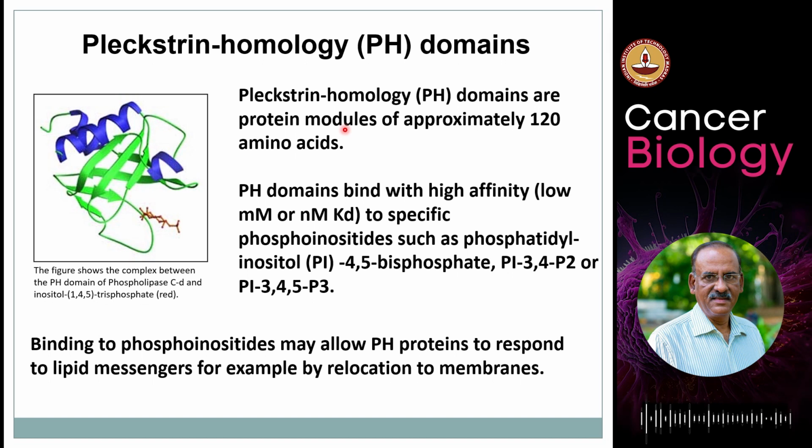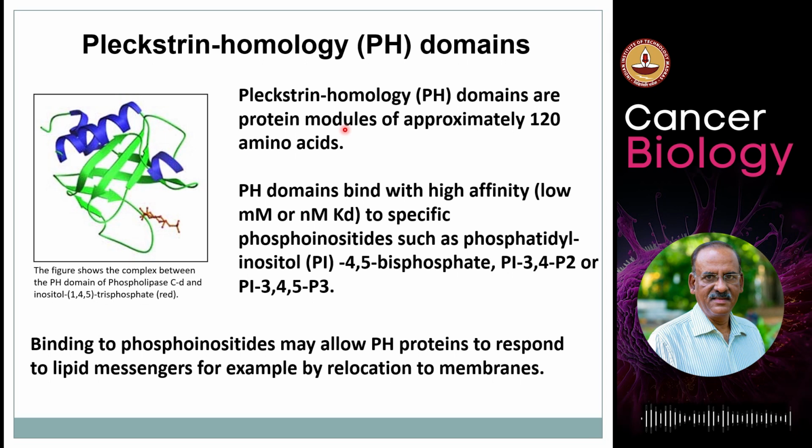If the phosphate groups are there in 3, 4, 5, then it is called phosphatidylinositol 3,4,5-triphosphate. The bisphosphate can be 4,5 or 3,4. That's what we call phosphatidylinositol, PI, either 3,4,5 or 3,4 or 4,5.